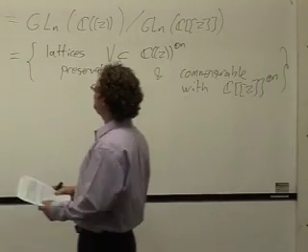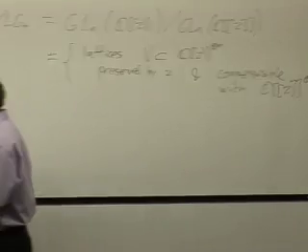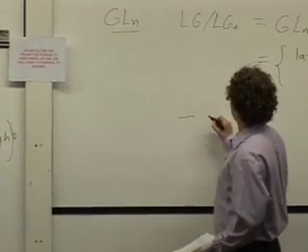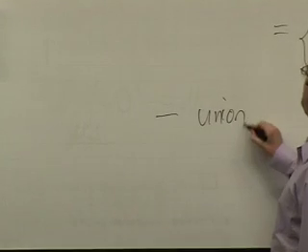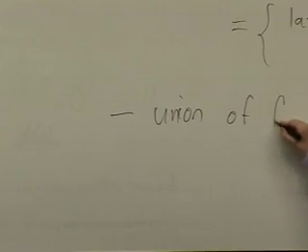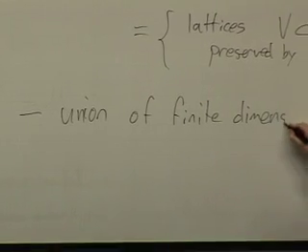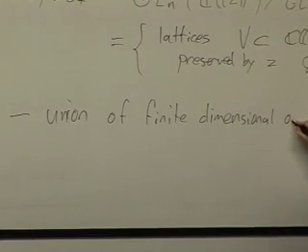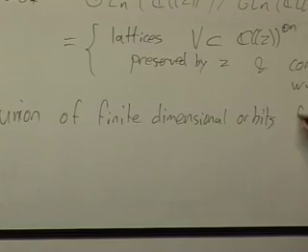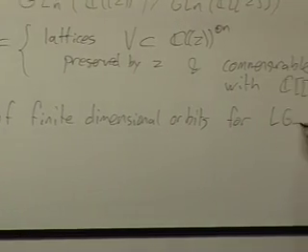And so now what does this space look like? Well, the space is a union. It's an infinite dimensional space, but it's a union of finite dimensional orbits. This again is going to be true for any group. It's a union of finite dimensional orbits for the group LG plus.